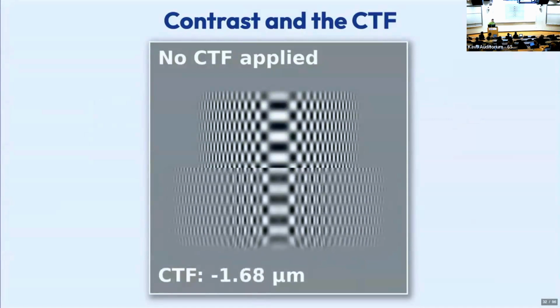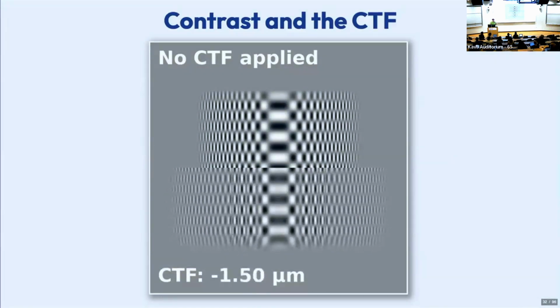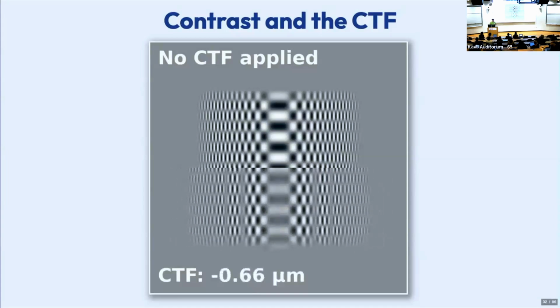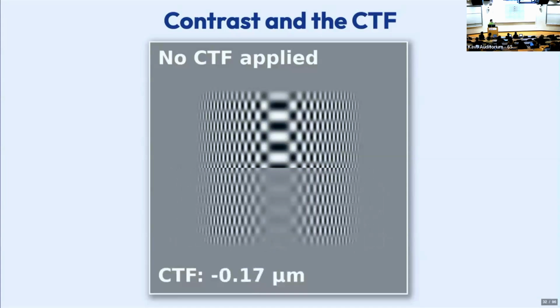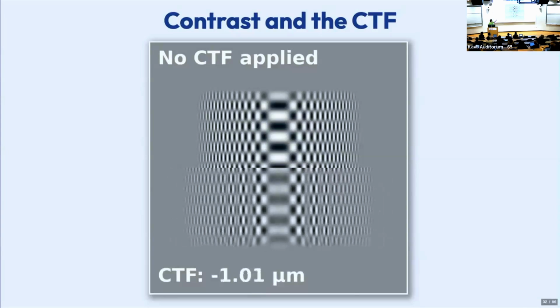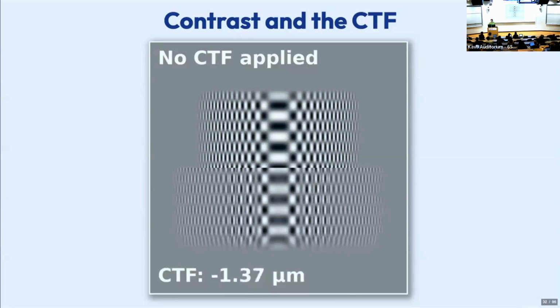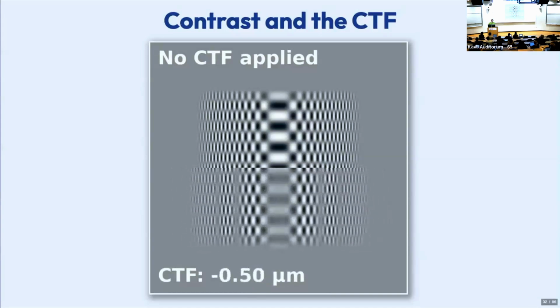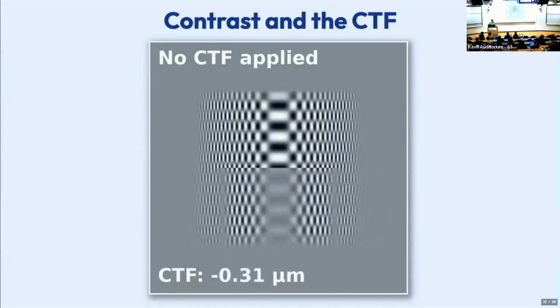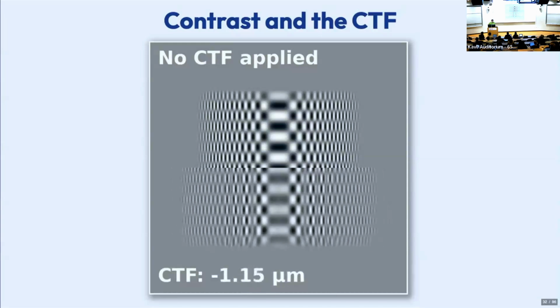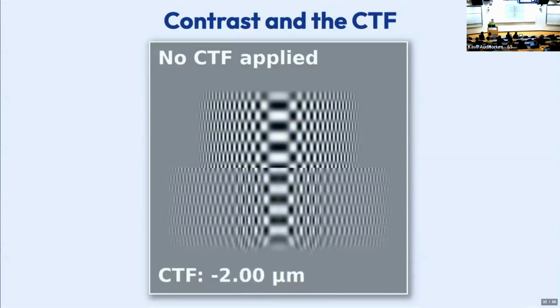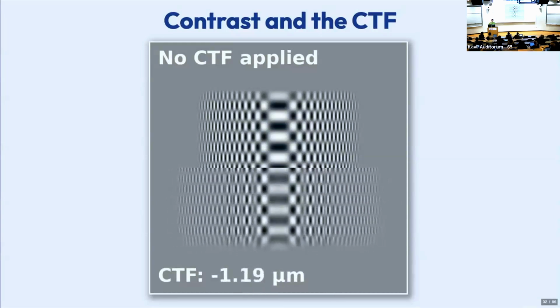That's, I think, pretty reliable. I would say I generally do twice as big, just because I don't care about our hard drives. But there's an equation you can pull up. Rosenthal and Henderson, 2003, I think is the reference. But I'm sure if you just Google how big should my box be, you'll find it, where you can calculate based on the accelerating energy of the microscope and the size of the particle.